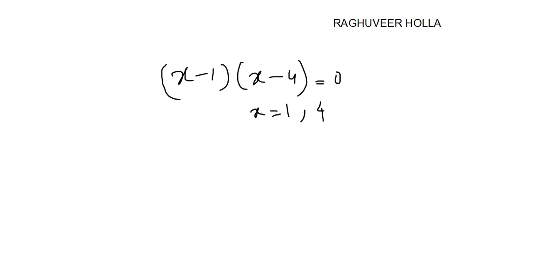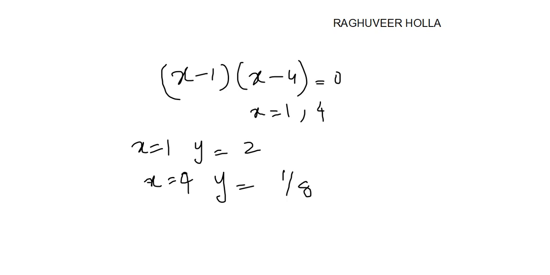When x is equal to 1, I get y is equal to 2. When I put x is equal to 4, I get y as 1 by 8. So I got these two values of x and y.